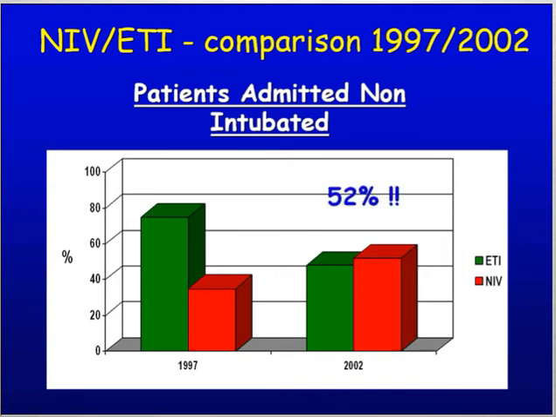In 2002, it became the number one approach to ventilate patients admitted with respiratory failure in these 70 French ICUs. So this is a huge increase, which is interesting to note because there are not so many medical progresses which are accepted so widely and so rapidly by physicians.